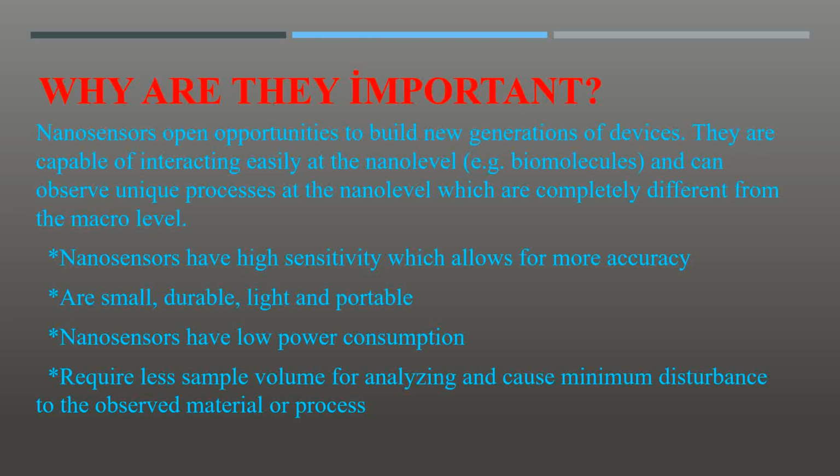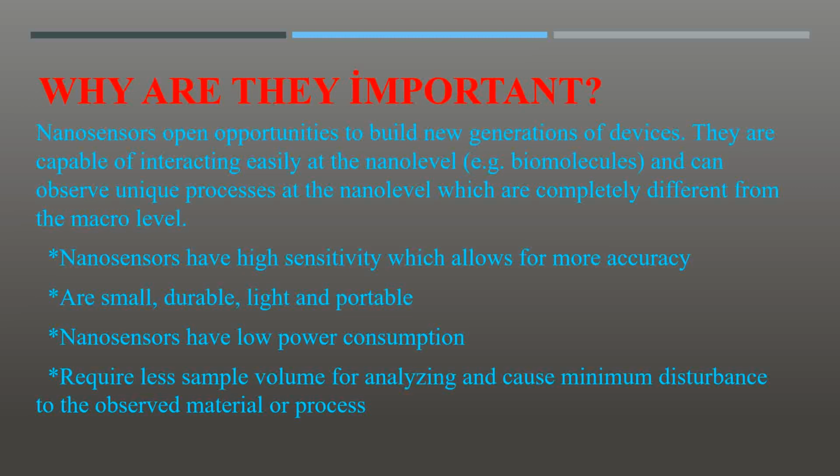Nanosensors open opportunities to build a new generation of devices. They are capable of interacting easily at the nano level and can observe unique processes at the nano level, which are completely different from the macro level. Nanosensors have high sensitivity, which allows more accuracy, and are small, durable, light and portable.